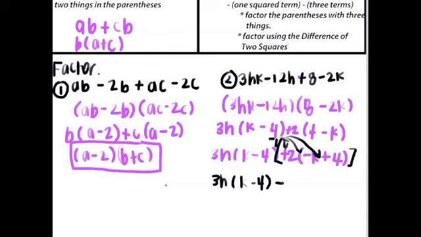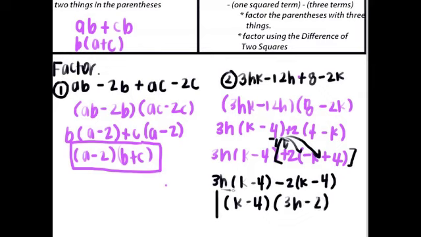This positive 2 is going to turn into -2. That -K is going to turn into positive K, and then that positive 4 is going to turn into -4. Now these two look exactly the same. The GCF is K minus 4, and then I have 3H minus 2 left over. So the final answer for this looks like that.